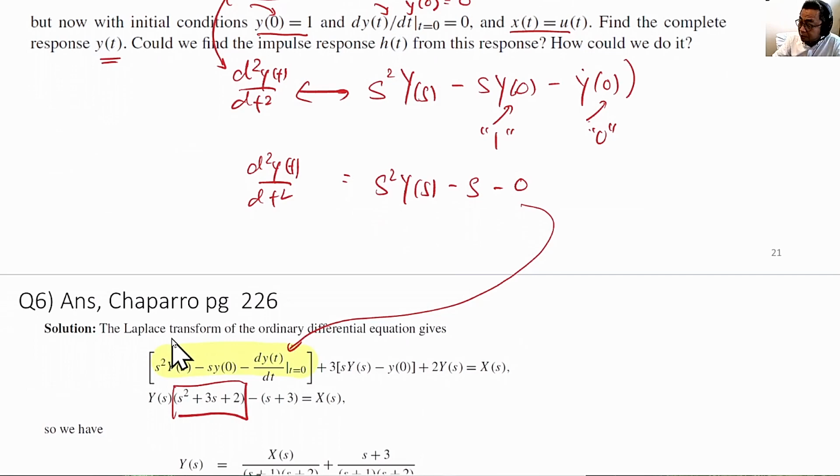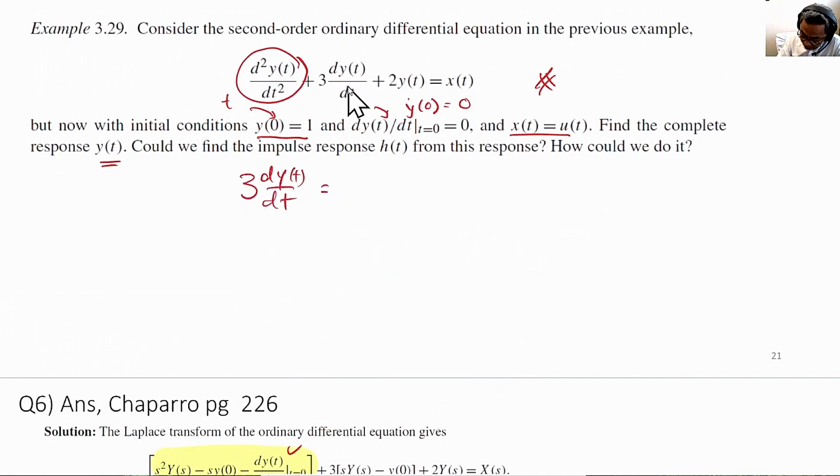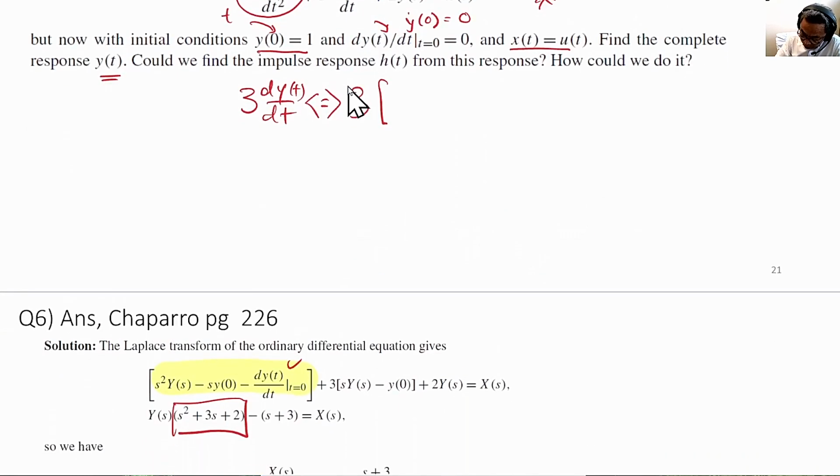Now let's operate on the second expression, 3 dy/dt. The Laplace transform of 3 dy/dt is 3 times sY(s) minus y(0). This value is 1, so it's minus 3.